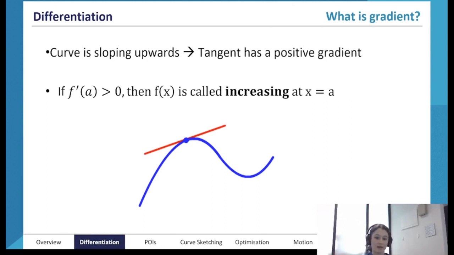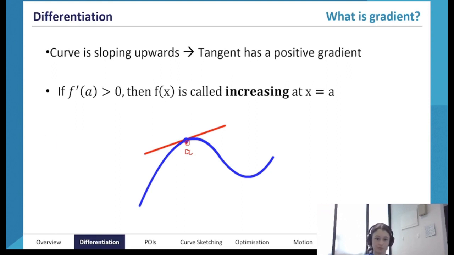And if our derivative at point A is greater than 0, then we say that the function f of x is increasing at that point, at x equals a. So if we consider point A in this diagram, the derivative at point A is going to be greater than 0, and therefore the curve is increasing.